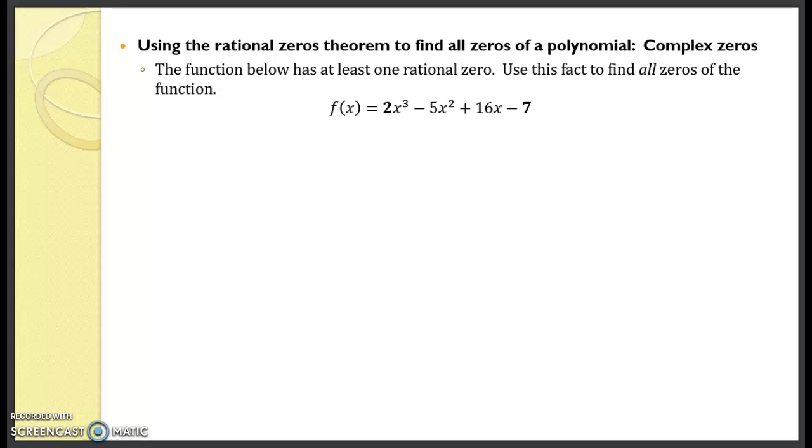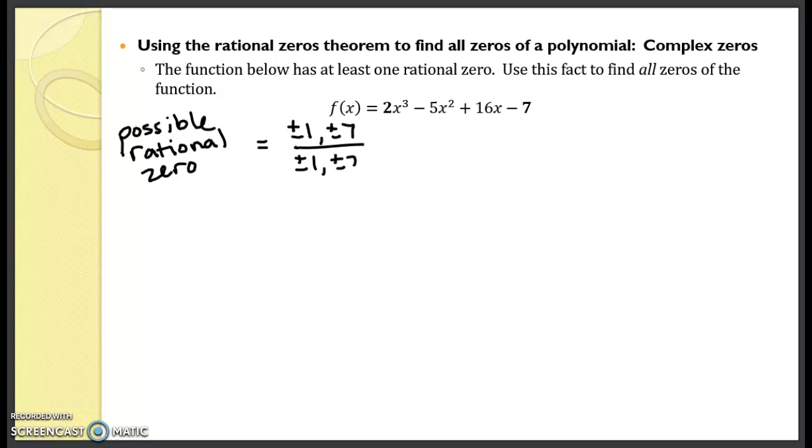So remember that any possible rational zero is going to be of the form plus or minus 1 or plus or minus 7 over plus or minus 1 or plus or minus 2, or p over q.